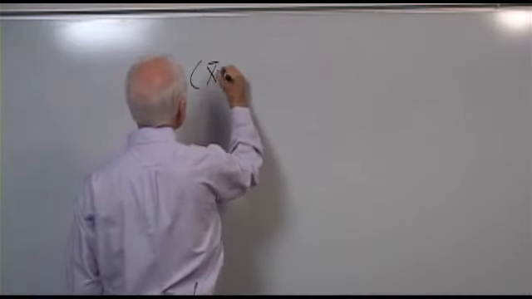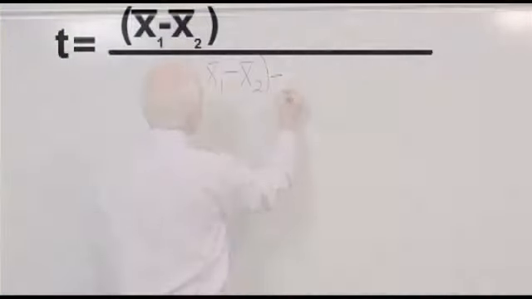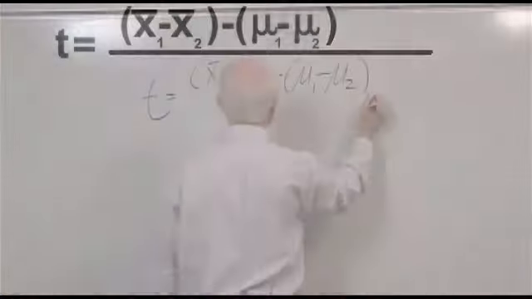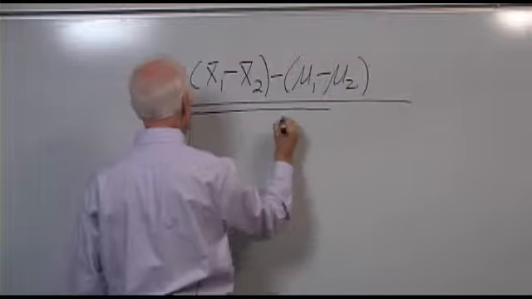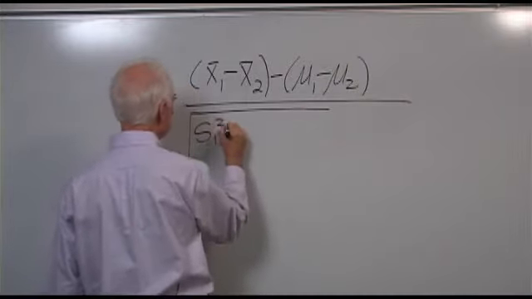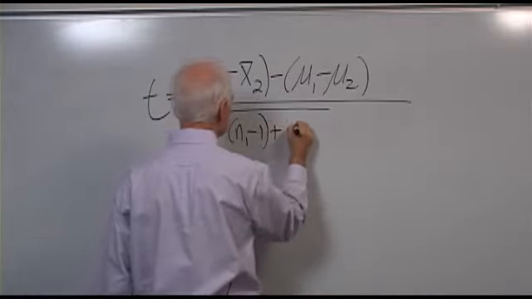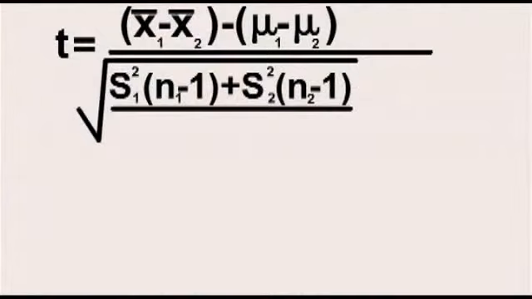In the numerator, we have the difference in the two sample means, and we have the difference in the two population means. The denominator is kind of long. The first part is the sample variance of the first sample times n1 minus 1, plus the sample variance of the second sample times n2 minus 1, over n1 plus n2 minus 2.